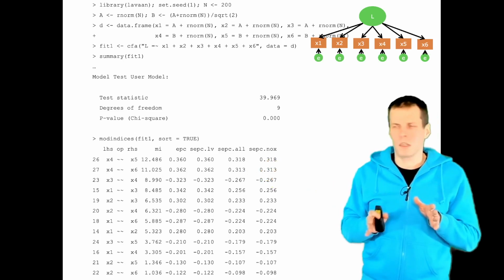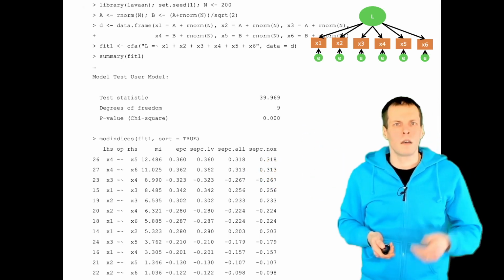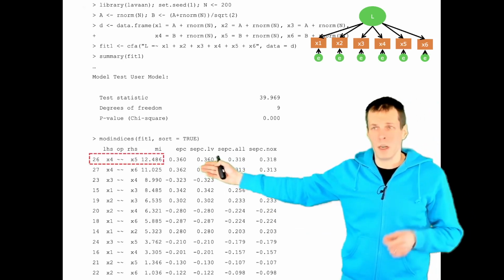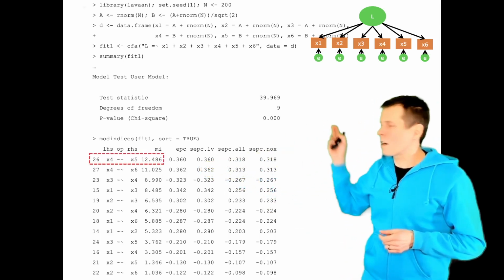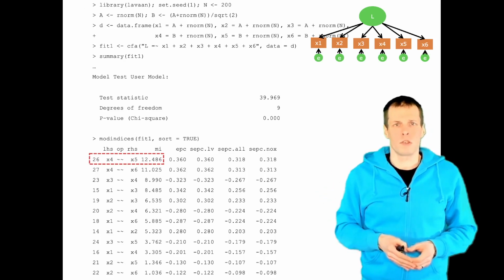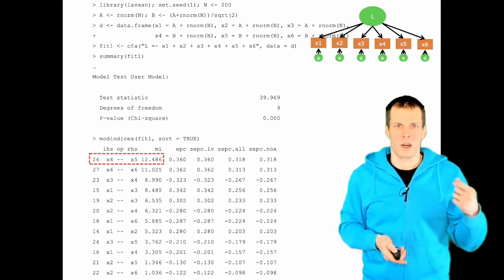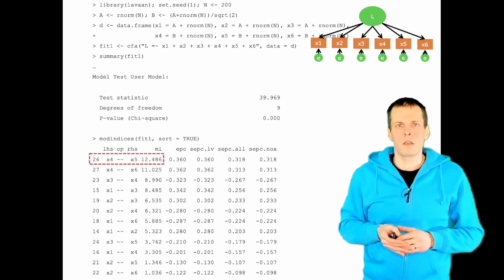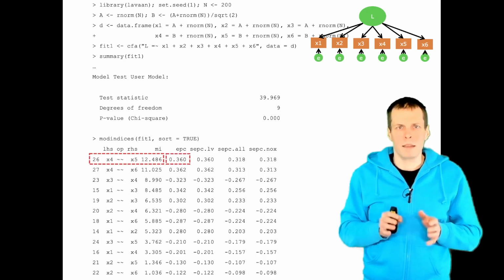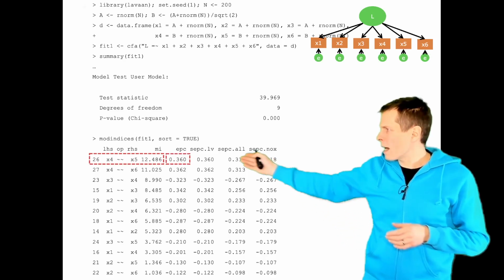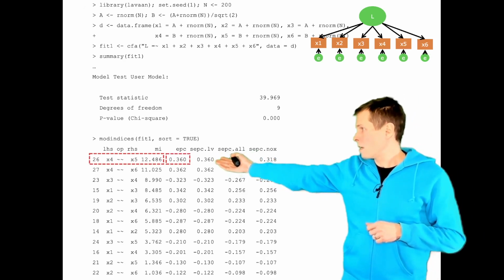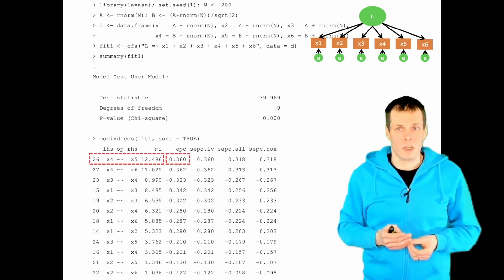So our current chi-square is 39, and if we just free one path, the covariance between X4 and X5, then the chi-square is likely to go down about 12, so it goes down about 30%, which is quite a lot. The modification indices also tell us the EPC statistic that comes from expected parameter change. So if we add this parameter here, the X4 and X5 error correlation, it's estimated to be 0.36.